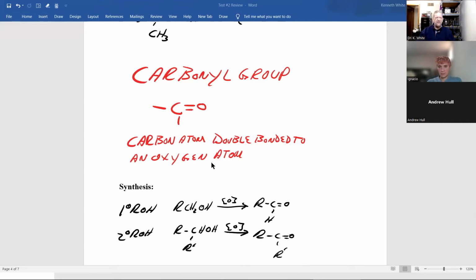As I mentioned before, and I'll mention it again, if somebody were to ask me, Dr. White, what kind of chemist are you? If I were really being honest, which I try to be, the only answer I could give is I'm a carbonyl synthetic organic chemist. Carbonyl, carbon double bonded to oxygen, and a lot of the work I did in the chemical industry, not all, but a lot of it, dealt with carbonyl groups.